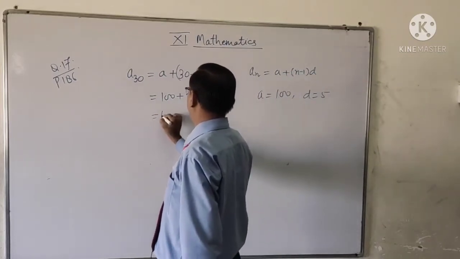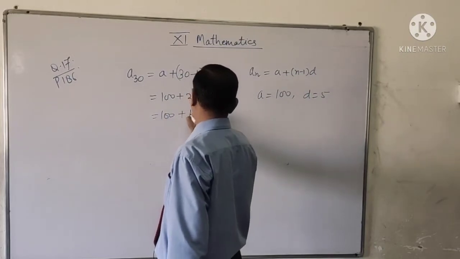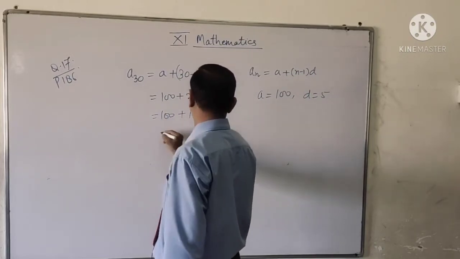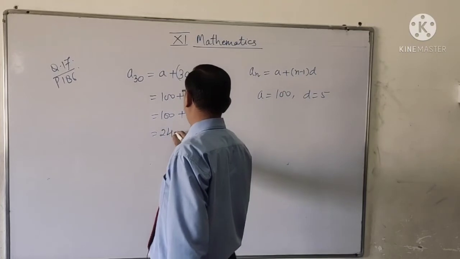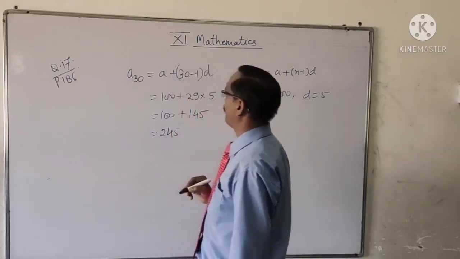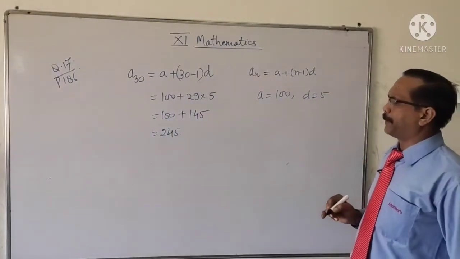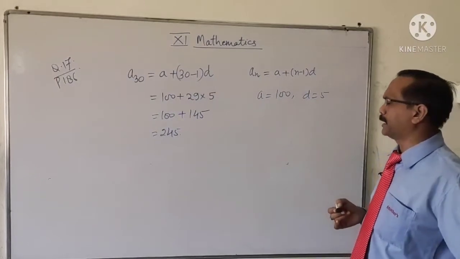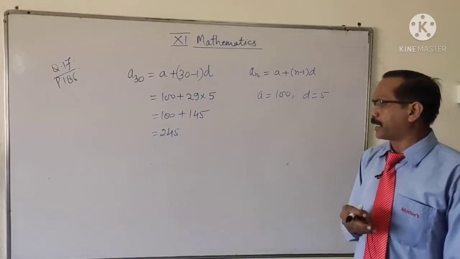So it is 100 plus 145, or it is 245. The amount that will be paid in the 30th installment is 245.